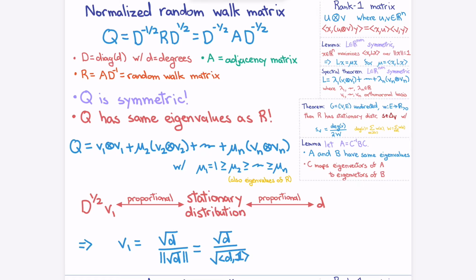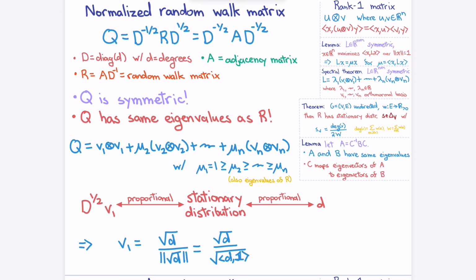And in here we just normalize it. So you get something like this. This notation might be a little bit subtle, but this is the L2 norm. So all these square root degrees are getting squared by the Euclidean norm, and you get the square root of the whole thing.